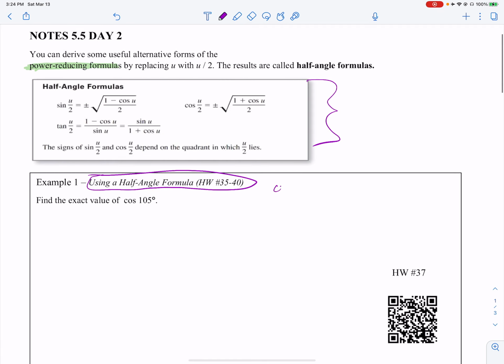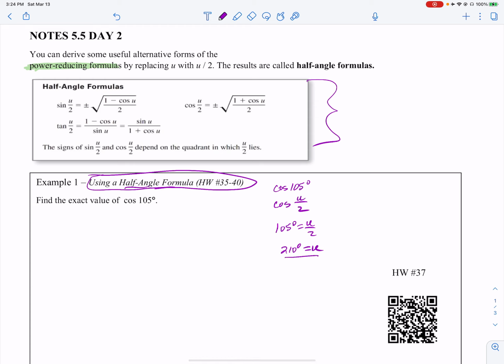And so when you see the cosine of 105 degrees, and I say use a half angle formula, you need to be thinking that the 105 degrees is u divided by 2. So the 105 degrees is u over 2, multiply both sides by 2, and we have 210 degrees is u.